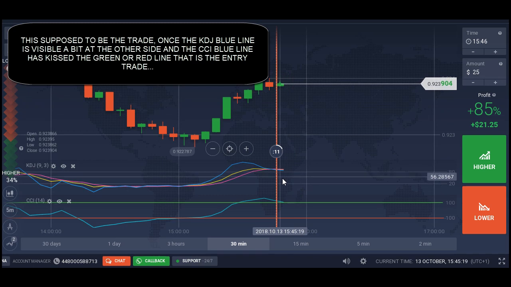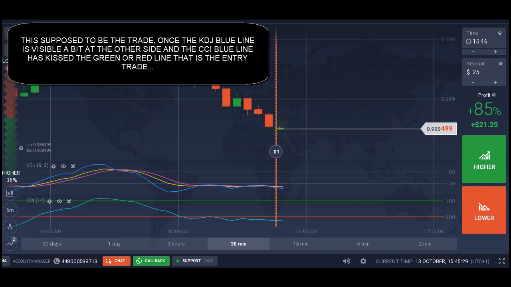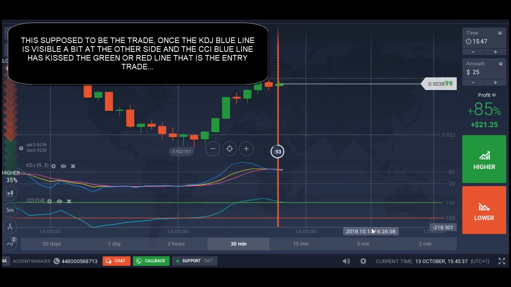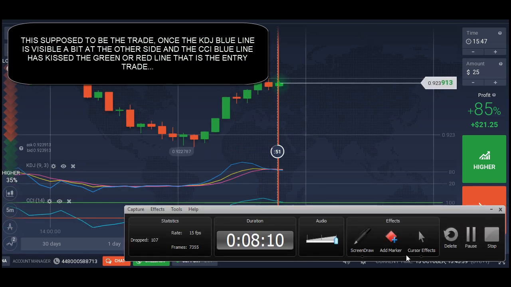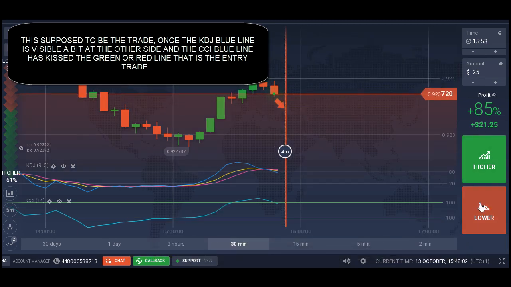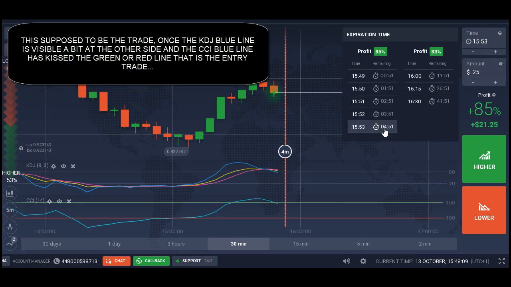Otherwise you don't gamble. I'm going to wait. I am to sell. You can see it ends in green, so I'm going to wait. So I'm going to set my expiration to 5 minutes.